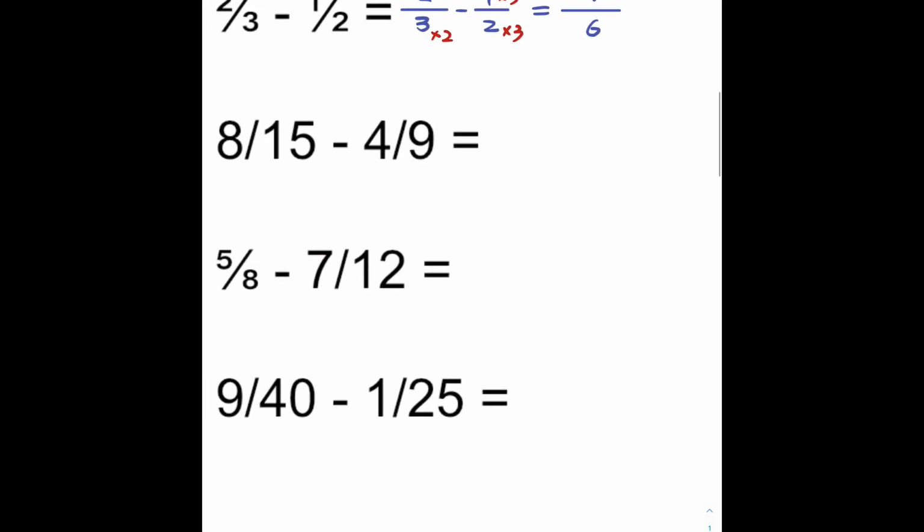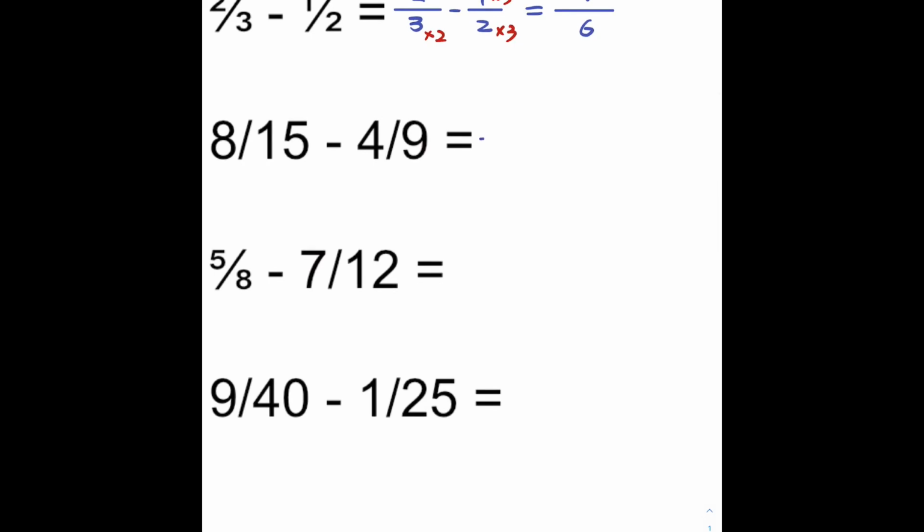And this one we move a little bit. It's 8 over 15 minus 4 over 9. And this we can decompose: 3 times 5, 3 times 3. We need to times 3 here, times 5 here, times 3 here, times 5 here.